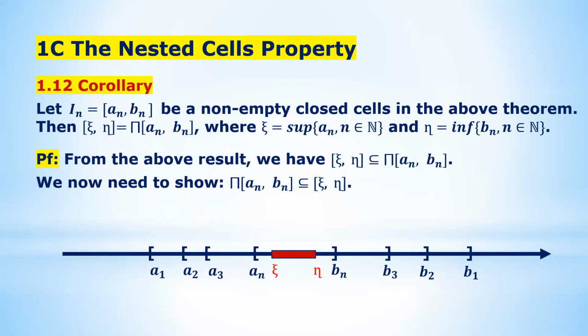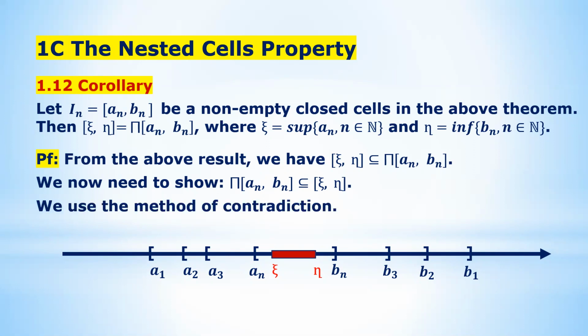Remember in Math 415 when we talked about set theory, how do you show two sets are exactly equal? You have to show one set contains the other, and also vice versa, right? So we have done halfway. What remains to show is that the intersection is contained in C to eta. Now how can we achieve this?